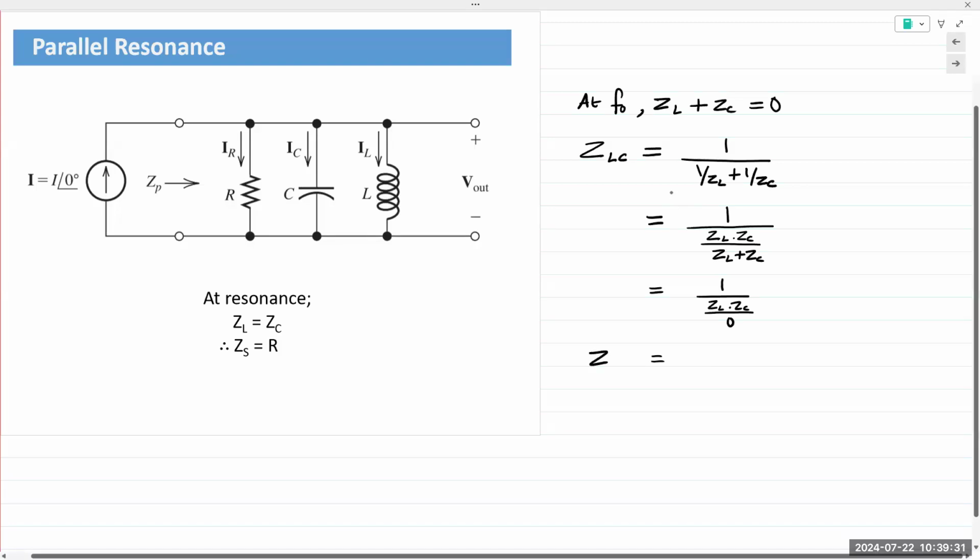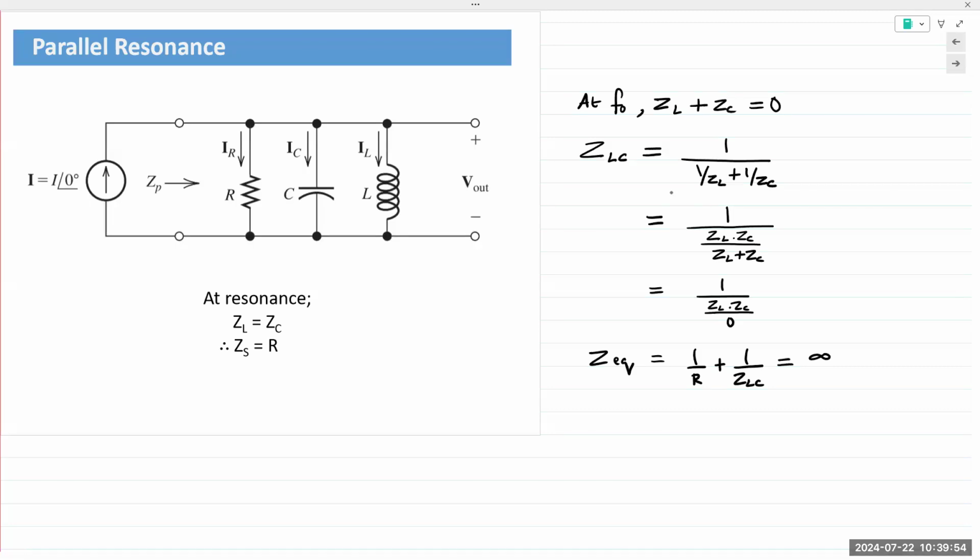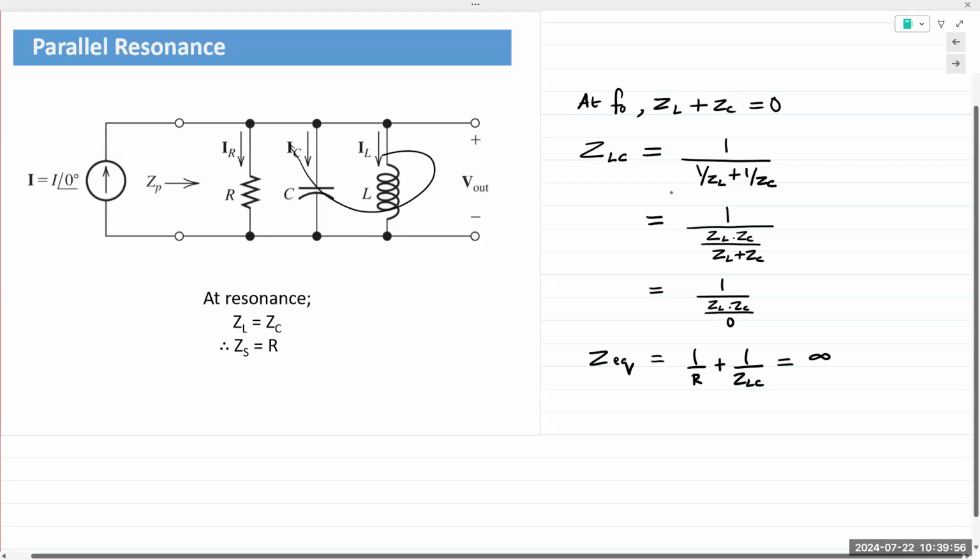Because this will also be added up. So ZEQ would be equal to 1 over R plus 1 over ZLC, which would tend towards infinity. So if ZLC tends towards infinity, it will not pull any energy from the source.